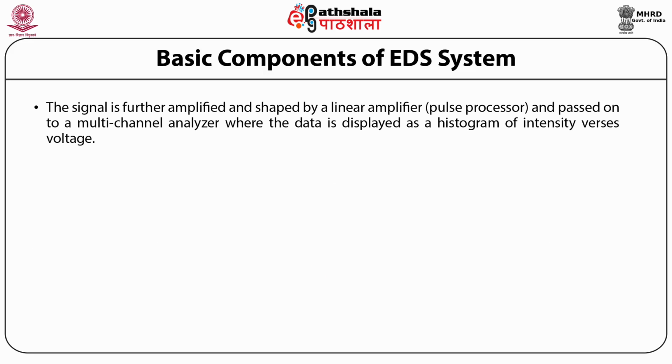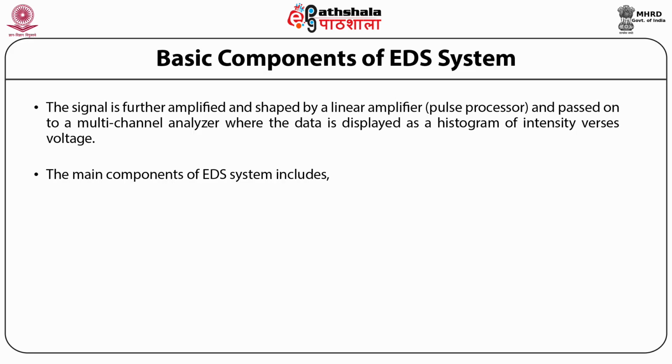The signal is further amplified and shaped by a linear amplifier called a pulse processor and passed onto a multi-channel analyzer, where the data is displayed as a histogram of intensity versus voltage.